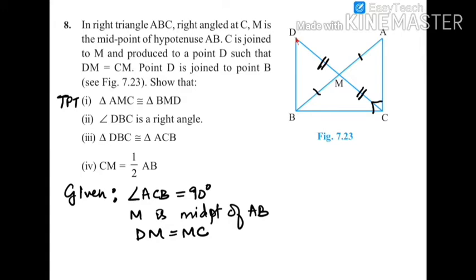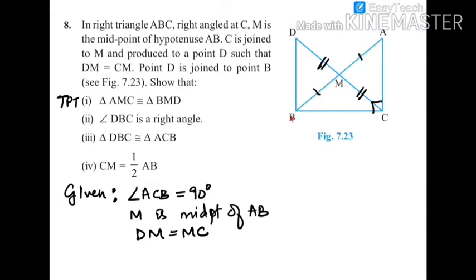To prove the first part, consider triangle DMB and triangle AMC. DM is equal to MC and BM is equal to MA is given. So we need to find the third part which is equal in these two triangles.